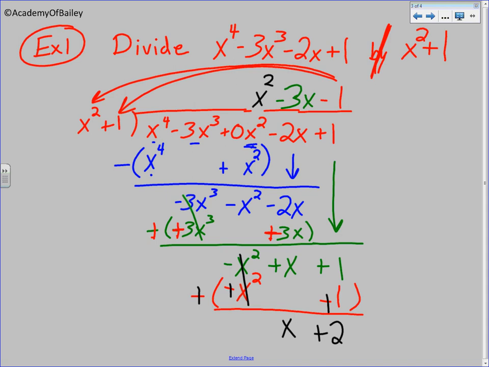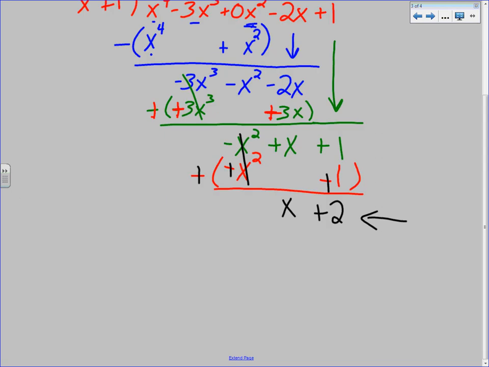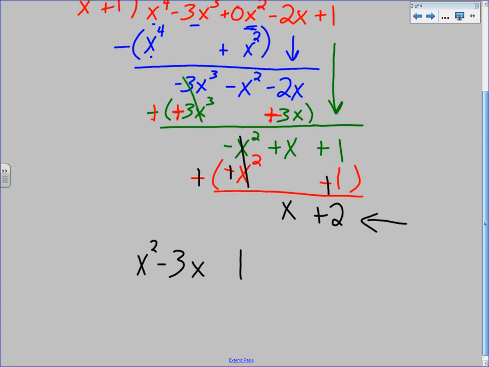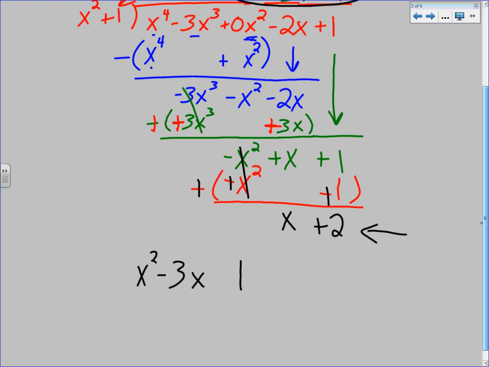Okay. Now, what we need to do is take this part right here. We're going to write out our answer. Since we have a remainder, we need to write out our answer as x squared minus 3x, and I'm pretty sure it was a minus 1. Let me look again. X squared minus 3x minus 1.